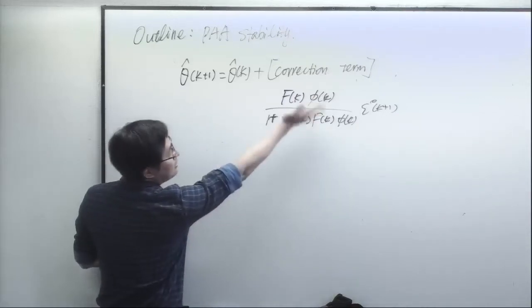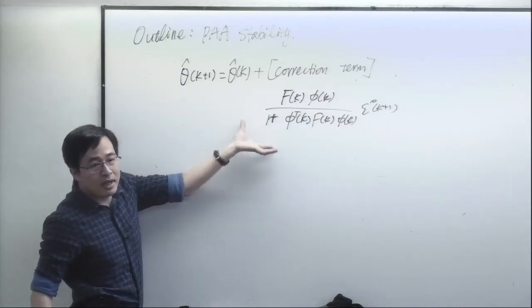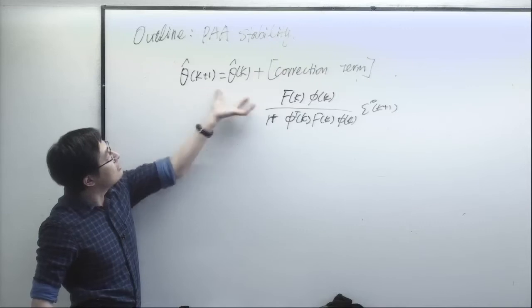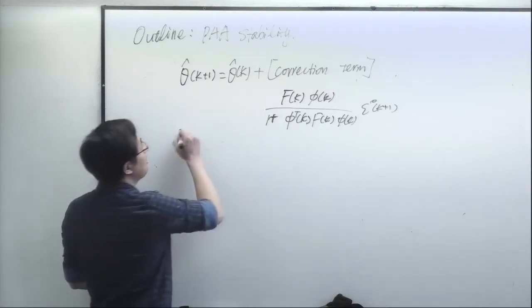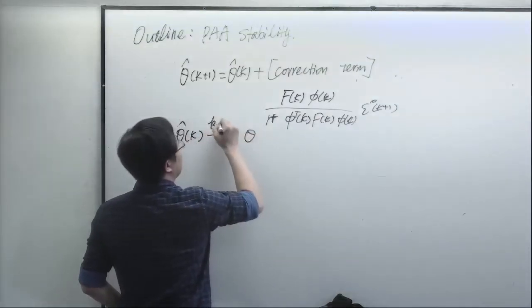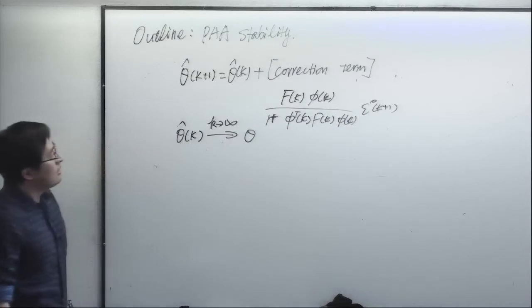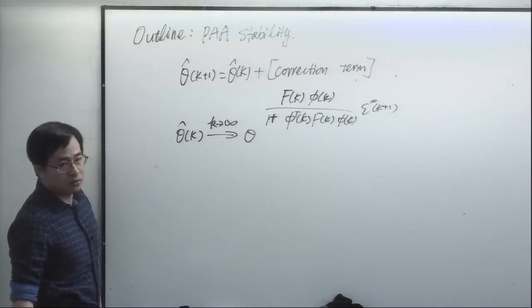This might fluctuate around, and it must be fluctuating around in the end perfectly so that this stays at precisely the true value. We want it to approximate the true parameter as k goes to infinity. So this is not really trivial, and sometimes it's not really guaranteed.